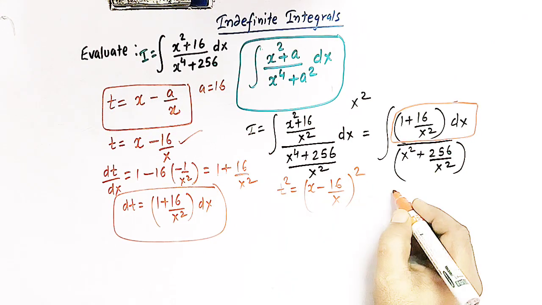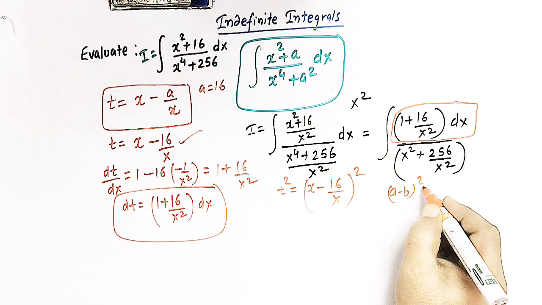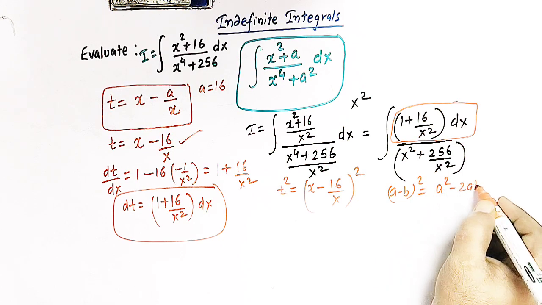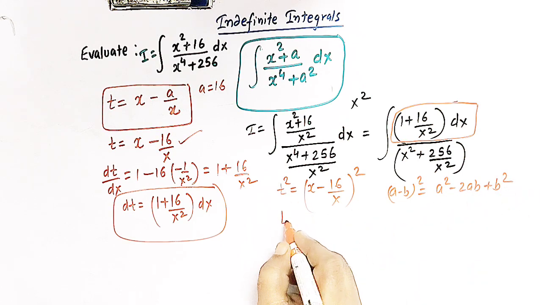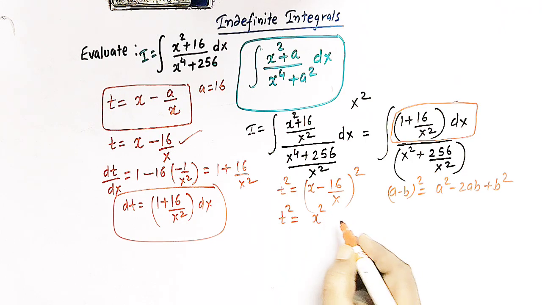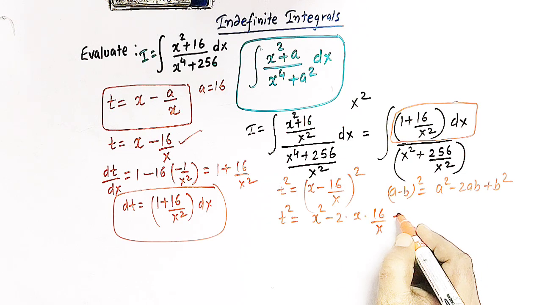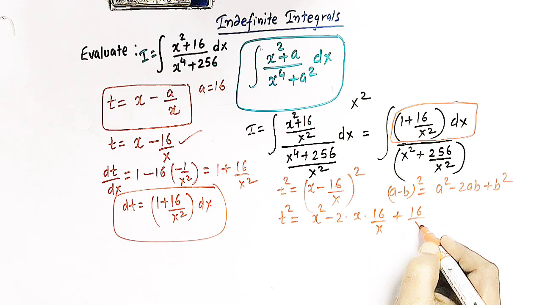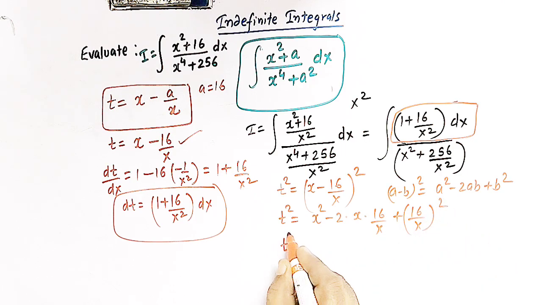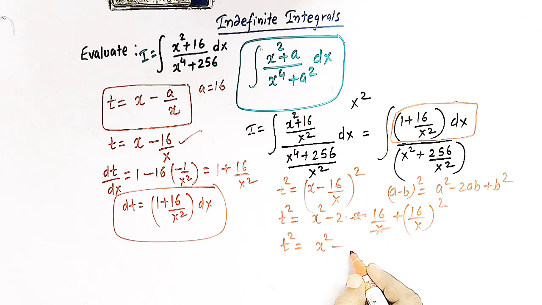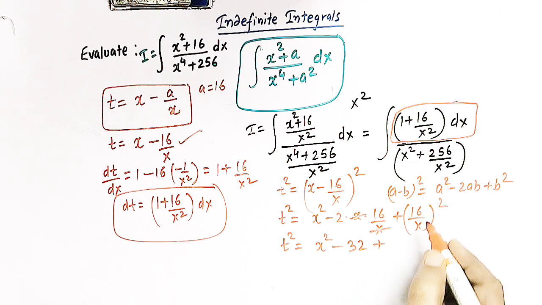Now taking the help of this identity, that is a minus b whole square is a square minus 2ab plus b square, we can now write t square is equal to x square minus 2 times x times 16 over x, plus 16 over x whole square. So we can now write t square is equal to x square minus, here x and x get cancelled, so we are left with 2 times 16 is 32, and plus 16 square is 256 divided by x square.